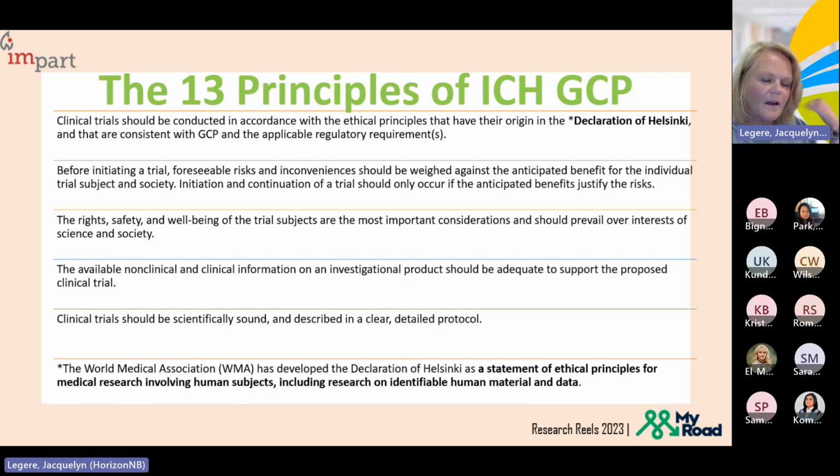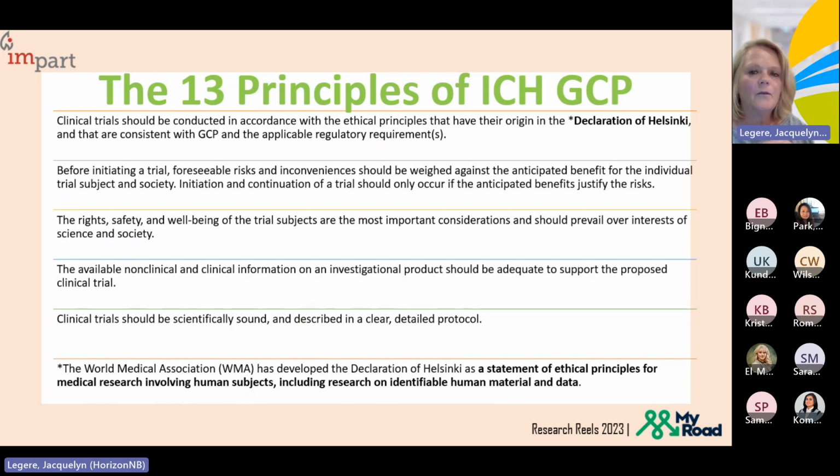All of these historical things that happened, you'll see they're embedded in these principles of GCP. The available non-clinical and clinical information on investigational products should be adequate to support the proposed clinical trial.